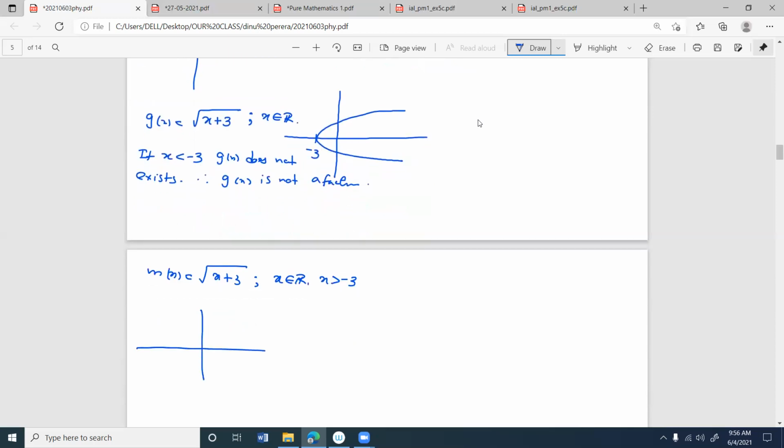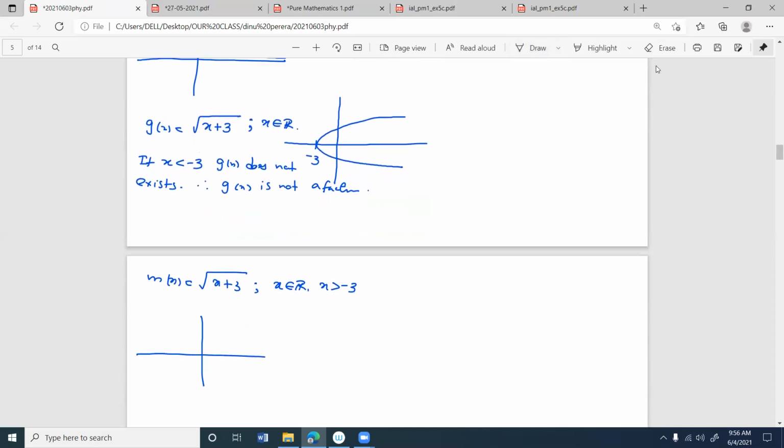It ends from here, only up to minus 3 the graph is there. Now tell me, what is your opinion on this? Pasin's opinion is it's a function.